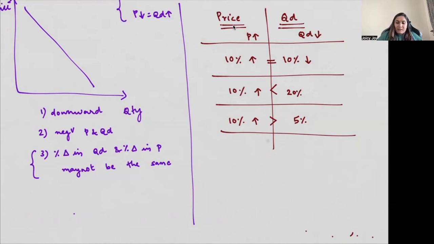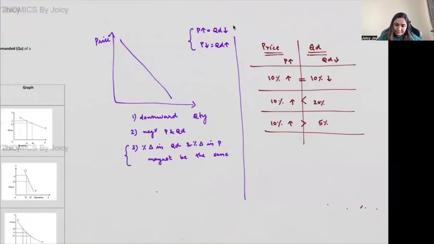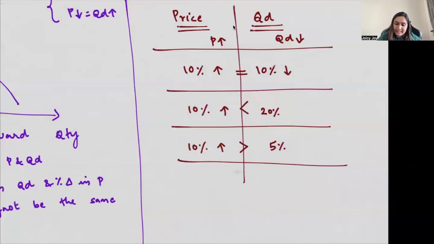Okay. Now, we are trying to find out elasticity, and elasticity has a formula, that is E equal to percentage change in quantity demanded divided by percentage change in price. This is the formula. Now let's try to apply this formula to all these three cases.